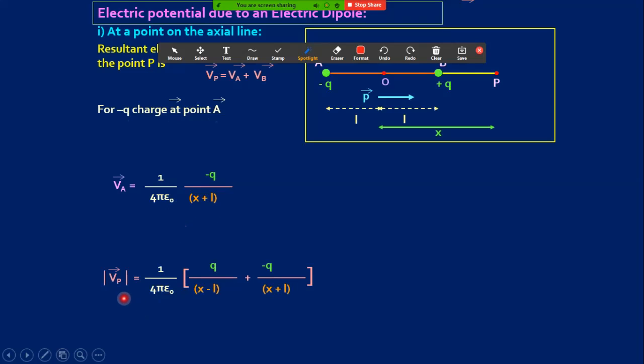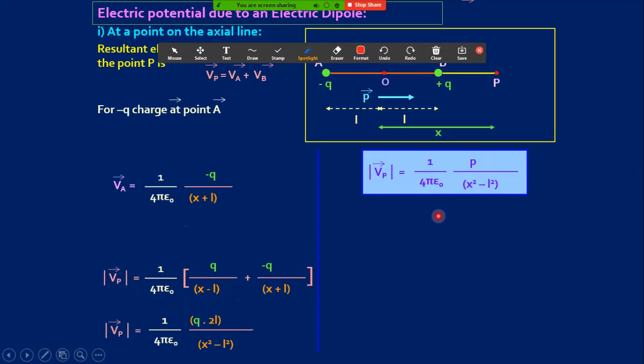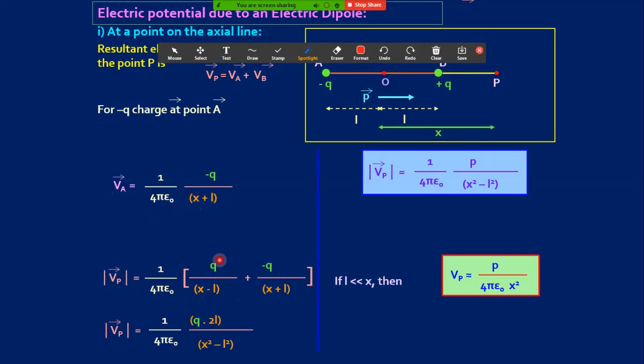and similarly Vb also will be 1 divided by 4 pi epsilon naught, plus q divided by x plus L. Now we are getting our total electric potential, that is Vp = Va + Vb.